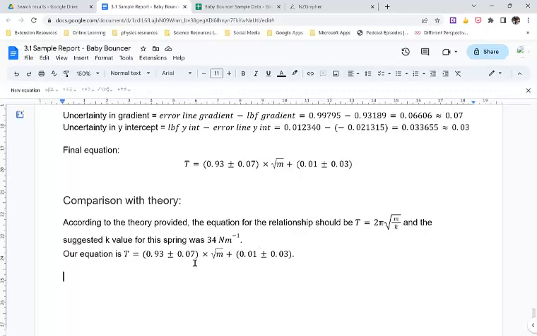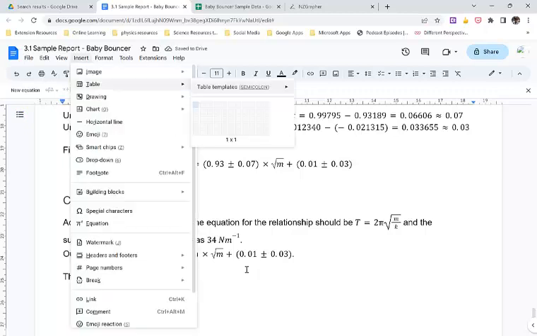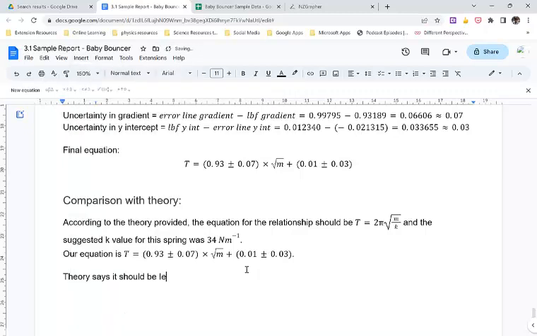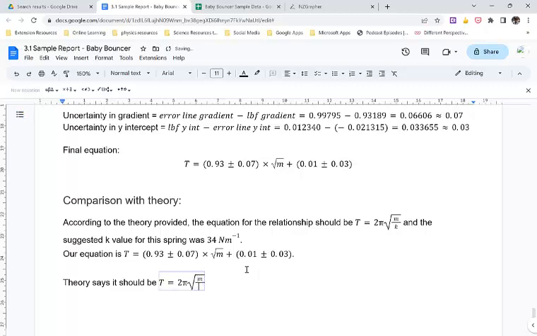So the theory says it should be T, whoops, T is equal to 2 pi square root frac m over 34, right? So the square root of m over 34 is the same thing as the square root of m over the square root of 34.